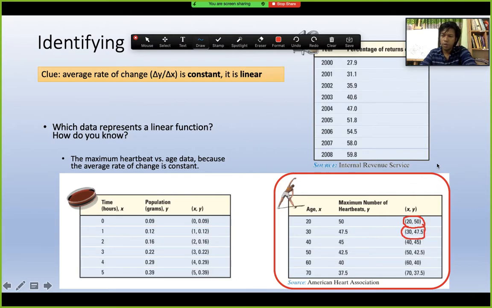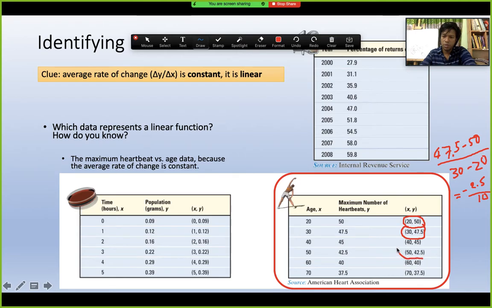So y2 minus y1 divided by x2 minus x1: 47.5 minus 50, divided by 30 minus 20. That means the denominator is 10, and the numerator is minus 2.5, so it is minus 2.5 divided by 10.